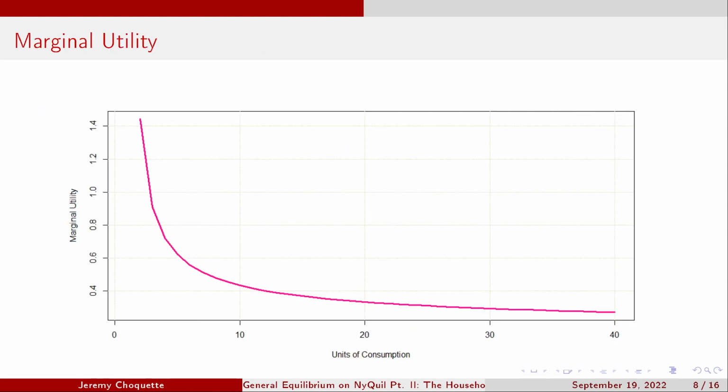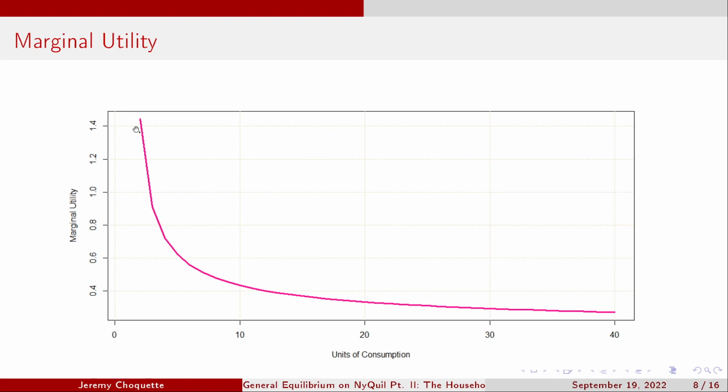So this is what marginal utility looks like, right? Marginal utility is still positive because if you look at the vertical axis here, these are all positive values. If the first derivative is above 0, then it's positive. So we have a positive first derivative.